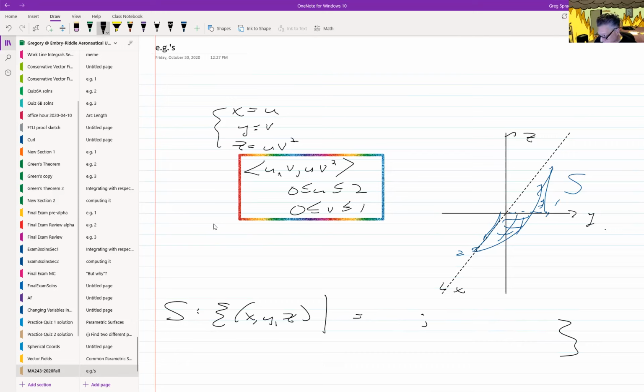So it's kind of similar to the previous example. So Y equals XZ, where X goes from 0 to 1, and Z goes from 0 to 3.